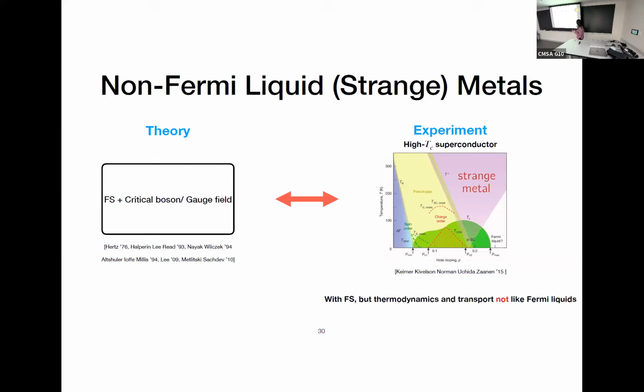This kind of system still has a Fermi surface, but its thermodynamic and transport properties are not like the Fermi liquid previously. That is the experimental side, but on the theoretical side, we can formulate the theory by thinking about the Fermi surface coupled to the gapless critical boson of gauge fields.